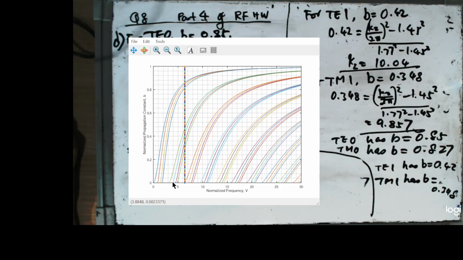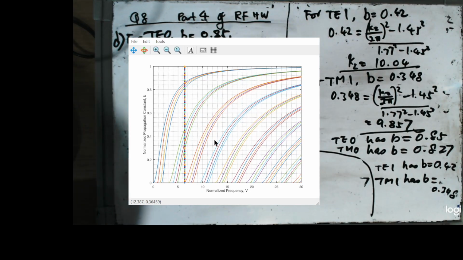The others still have some value. So the one with the lowest B number is the one. So what I can suggest here is we use this condition TM1 to calculate the value of D.